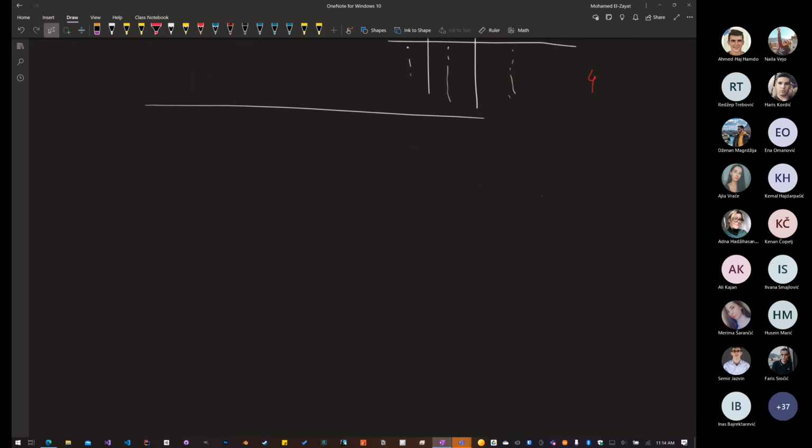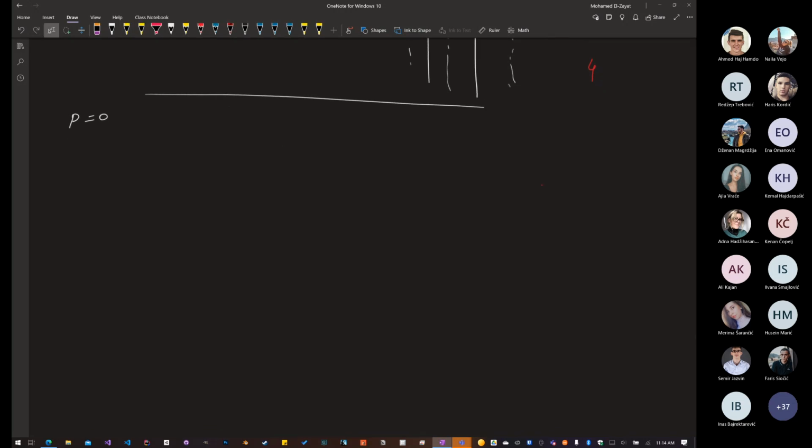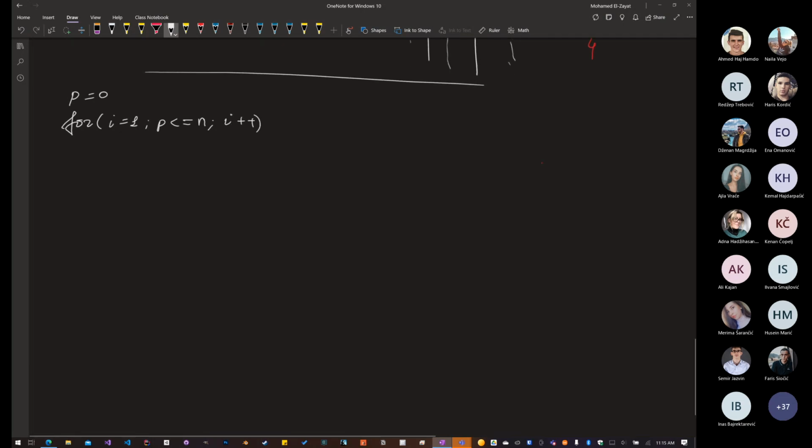Perfect. Let's give you another example. So p equals 0, then you have a for loop: for i equals 1, i less than or equal to n, i plus plus, and then p equals p plus i.